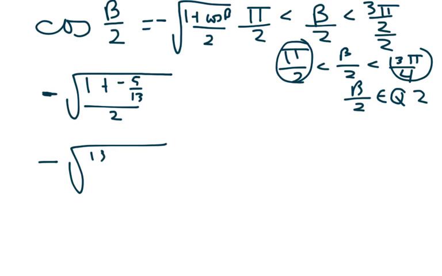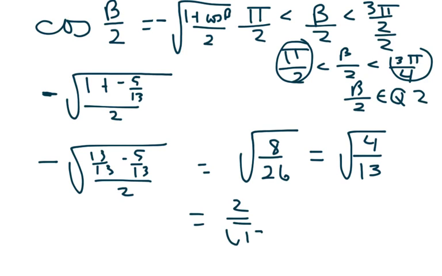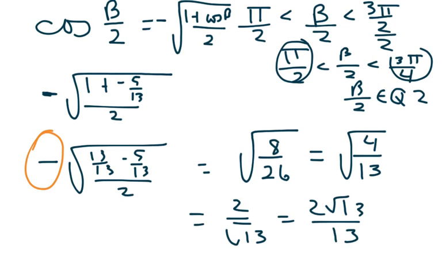I'm going to write this as 13 over 13 minus 5 over 13 over 2, which equals the square root of 8 over 26, which equals the square root of 4 over 13, which equals 2 over root 13, which equals 2 root 13 over 13. Now what did I forget to do here? I forgot to carry my negative. So this negative goes here, here, here, and here. So my answer is negative.